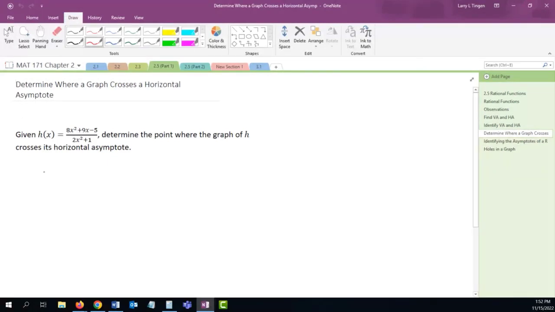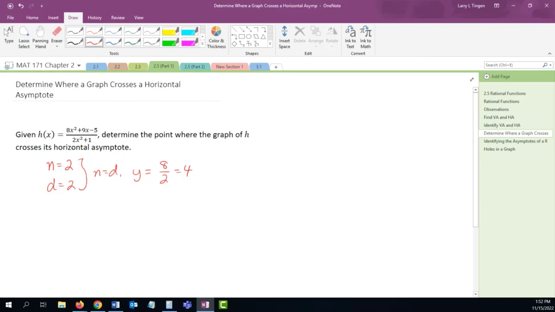Are there some? For h of x, I'm looking at a numerator that has a degree 2 and a denominator that has a degree 2. When n equals d, my horizontal asymptote is the ratio of the leading coefficients. Leading coefficients are 8 and 2. 8 divided by 2 is 4.